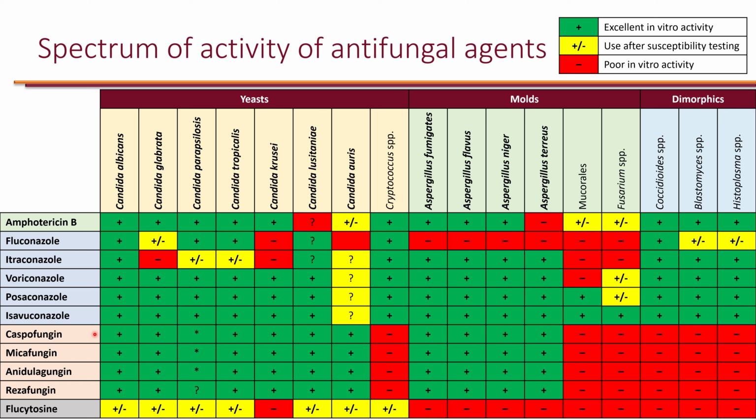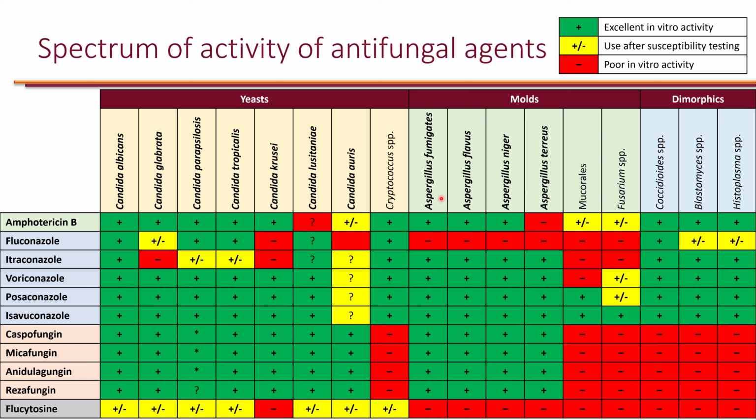But the shortcoming is that echinocandins are not active against cryptococcus. So no activity against cryptococcus. And flucytosine is yellow for pretty much most of these because it should not be used alone, so it should be used in combination with another agent, and it's just not active against krusei.